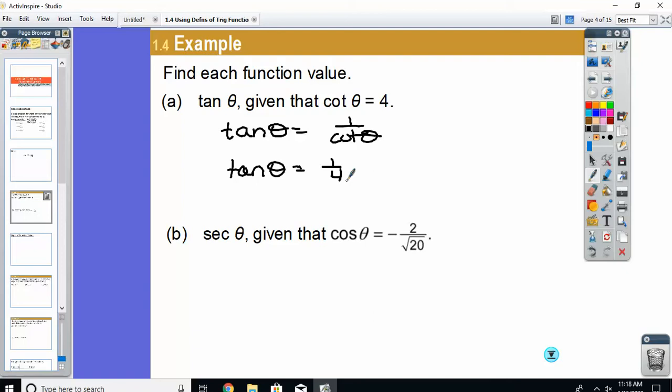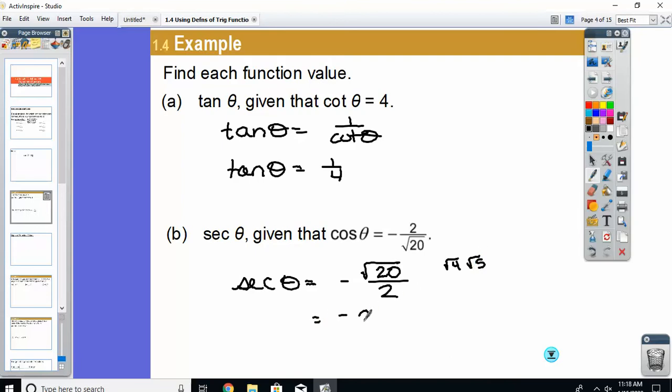Right, second one. I want secant of theta if cosine is -2 over radical 20. We know secant and cosine are reciprocals. So to find secant, you just have to flip this. Would I leave my final answer like this? What could I do? Radical 20 could break into a 4 and 5.